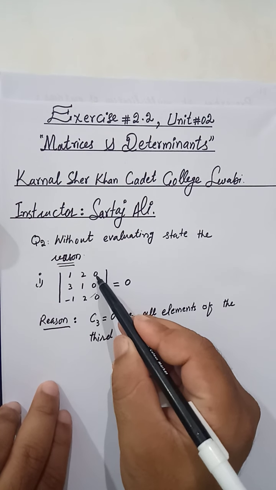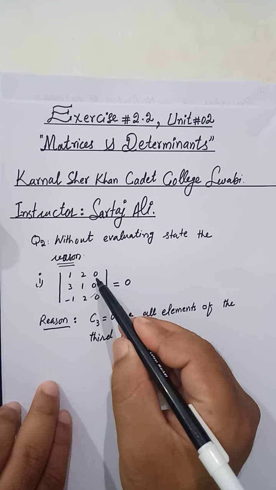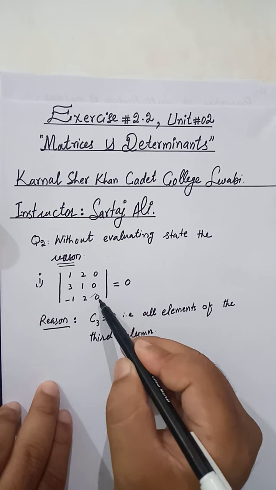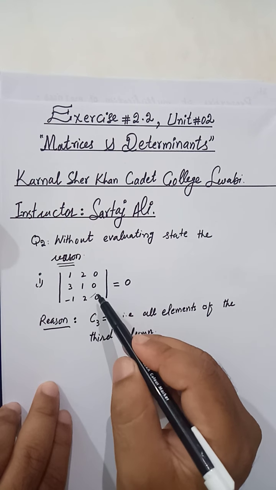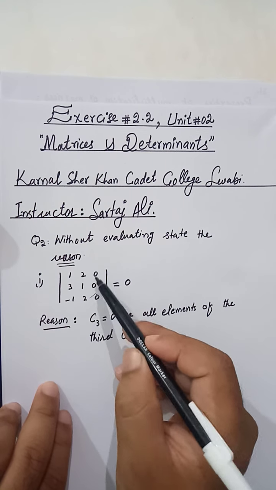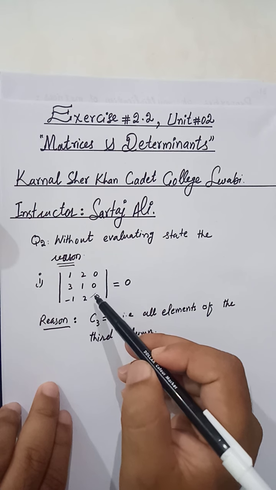You see that the first element in the third column, the second element, and the third element are all 0. So this C3, the third column, is 0 because all the elements are 0.